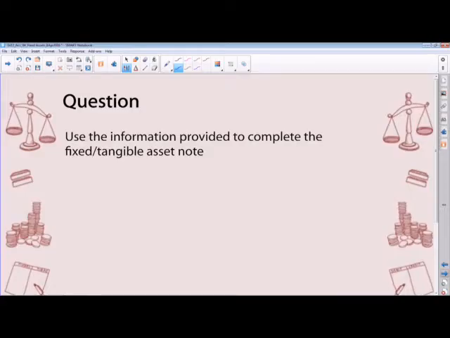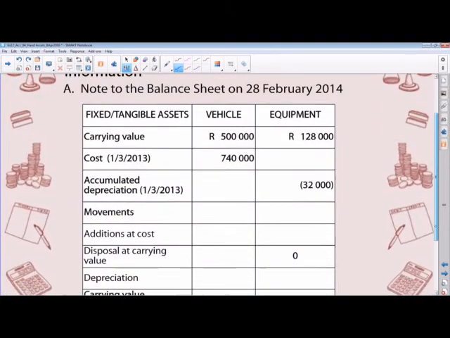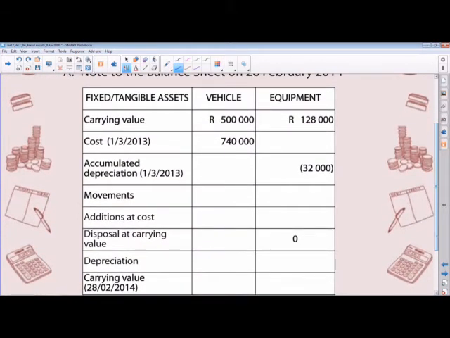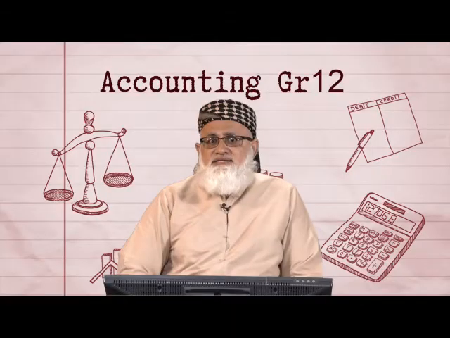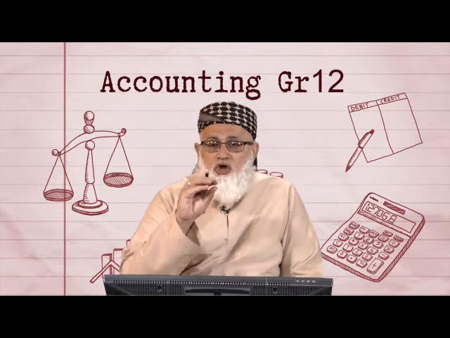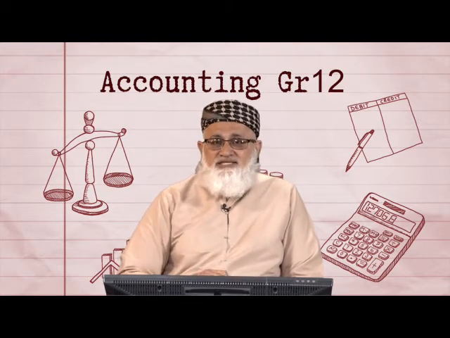We are given information and we are expected to complete the fixed or tangible asset note. I want you to study this note for the next 2 minutes, and see what information I am expected to complete, because this is an incomplete asset disposal note, note number 3.